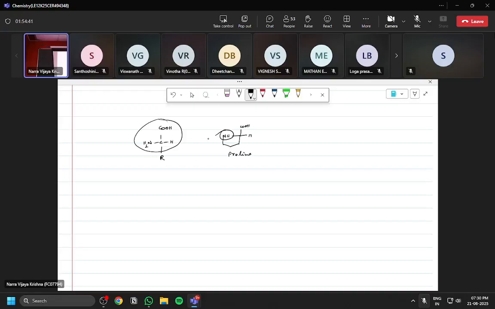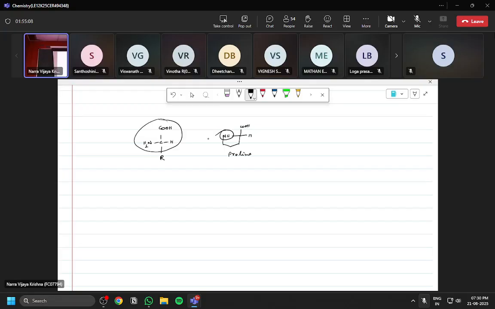Next, alcoholic. If it is CH2OH, first the bottom one, serine. Above that, if it is a secondary alcohol, CH2OH, CHOH, CH3, then it is threonine. Both serine and threonine are alcohols.